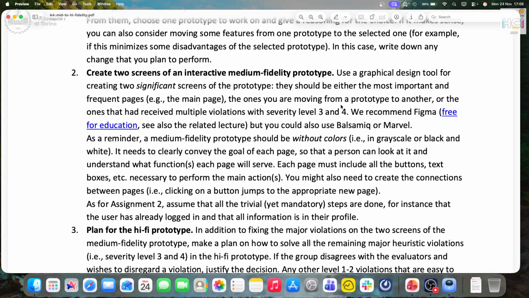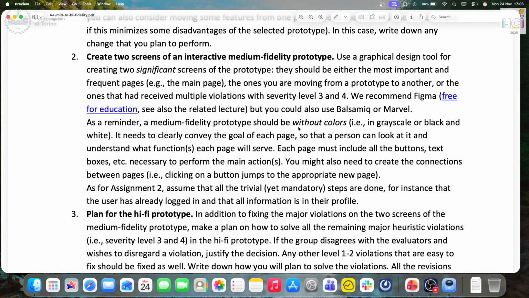So that page was a disaster, let me redesign it so that it's better. But instead of redesigning it in low fidelity, you are doing it in medium fidelity. 2 pages. Pick the 2 most significant, important pages.